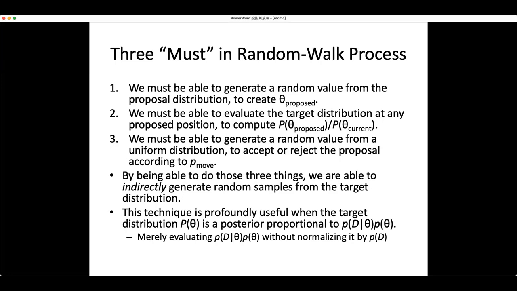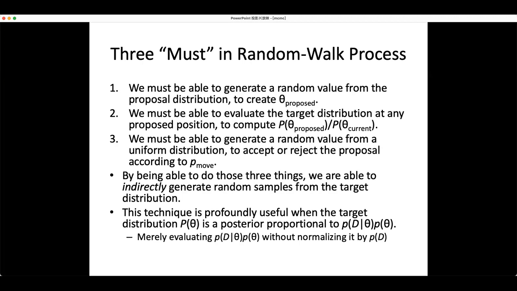We just list them to make it obvious. First, we must be able to generate a random value from the proposal distribution to create P proposed. In this example, we must be able to flip the coin.